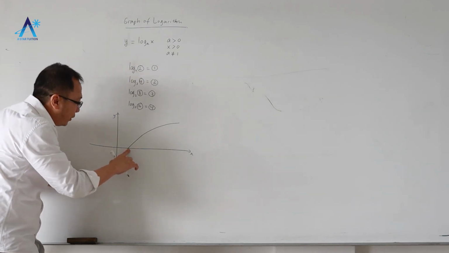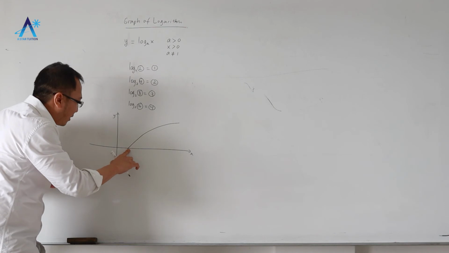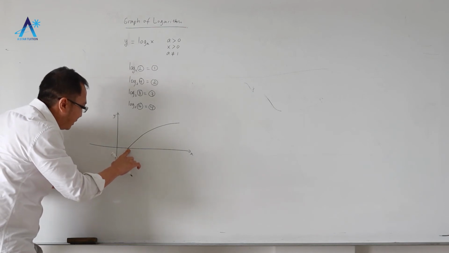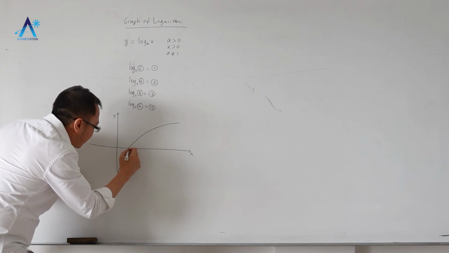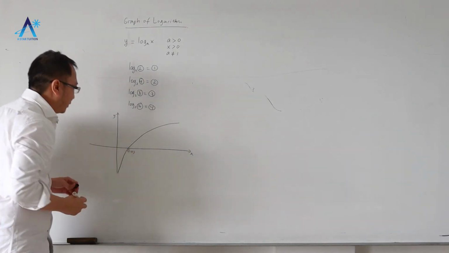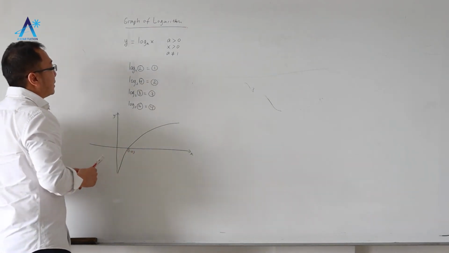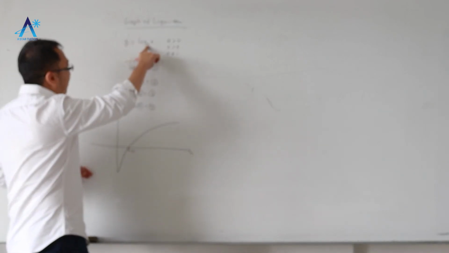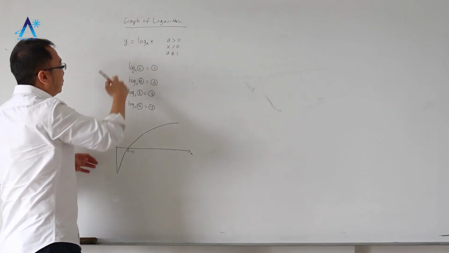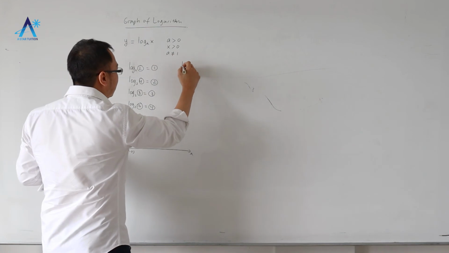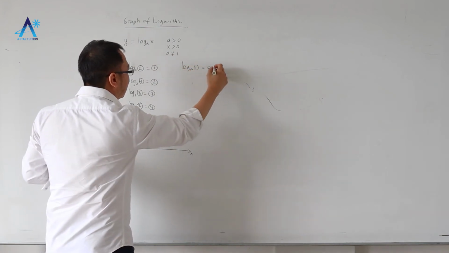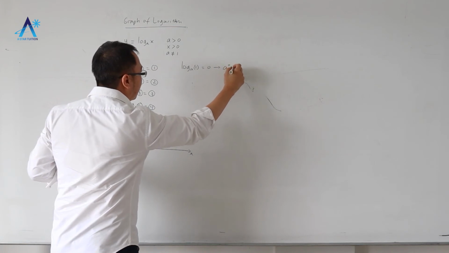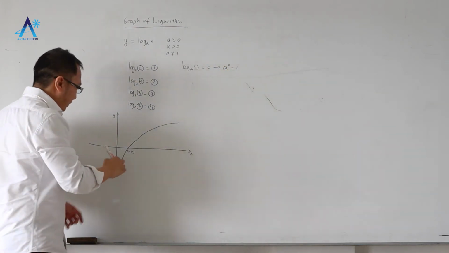The x-intercept is the point where the graph crosses the x-axis. The coordinate of this is (1, 0), because log of 1 in any base is equal to 0, which is equivalent to a to the power 0 is equal to 1. There we go.